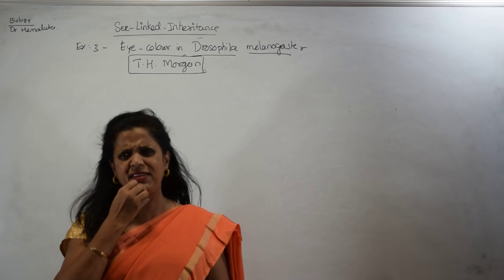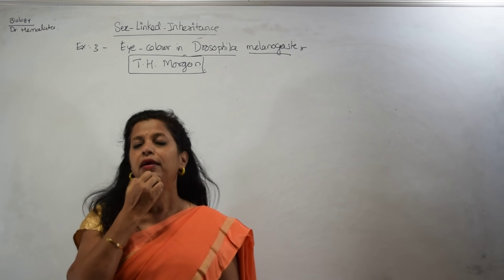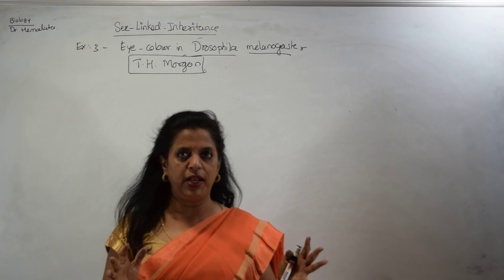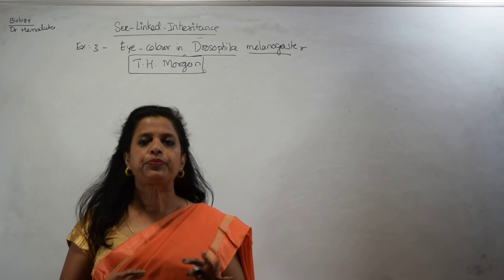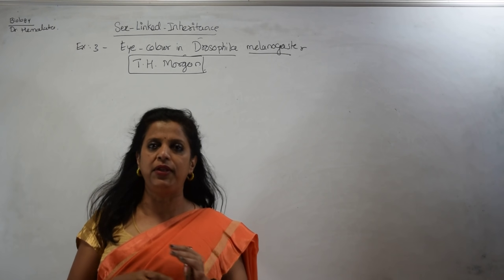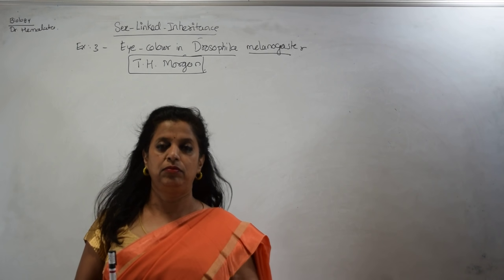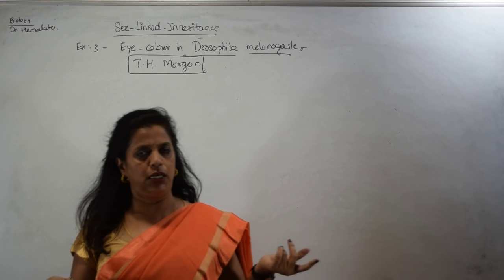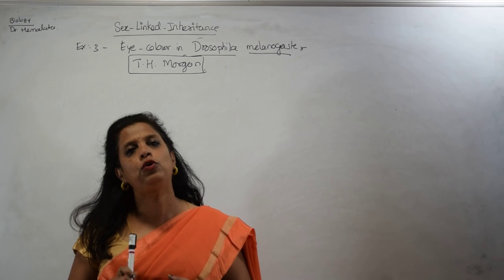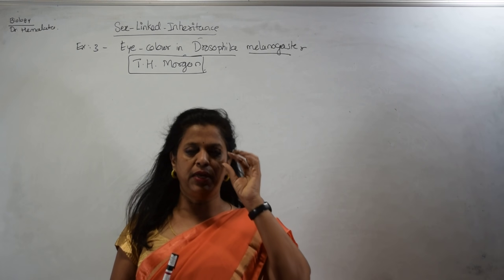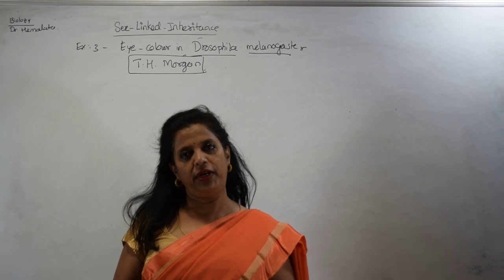Again and again using the same word. Remember this. Coming to the first thing, what he did was he was growing Drosophila in a group. Then all the Drosophila insects normally will have red colored eyes, not color blindness. Don't mix up color blindness and eye color in Drosophila. These Drosophila have the eye color which is red. The red eyed are dominant.